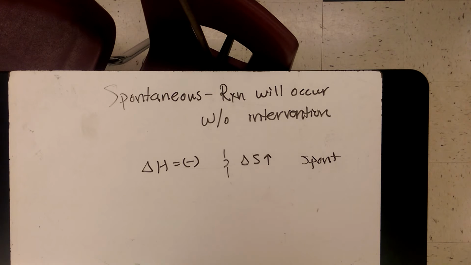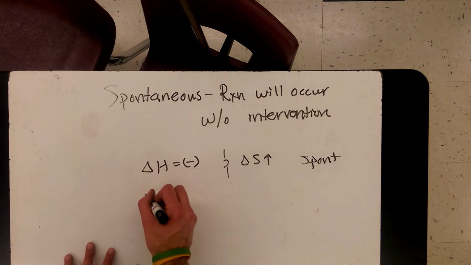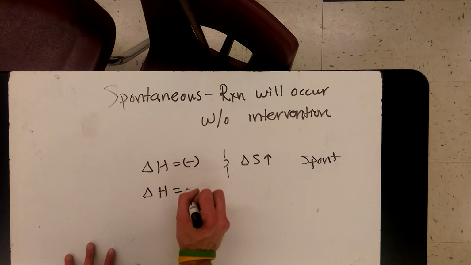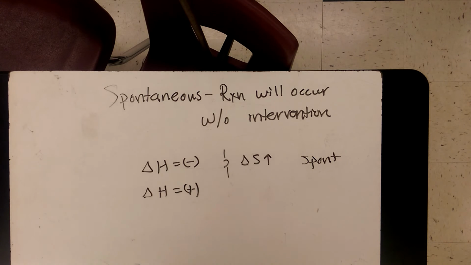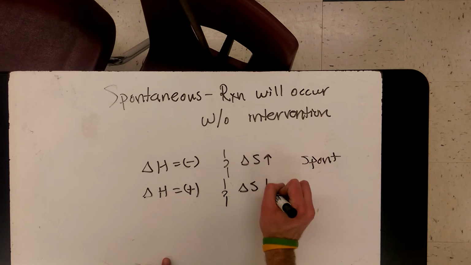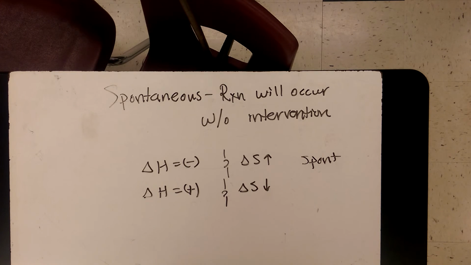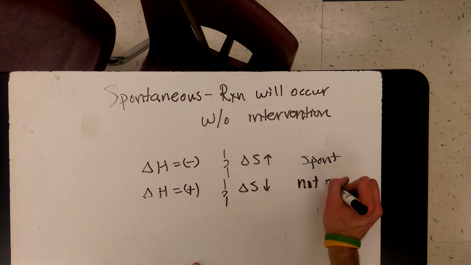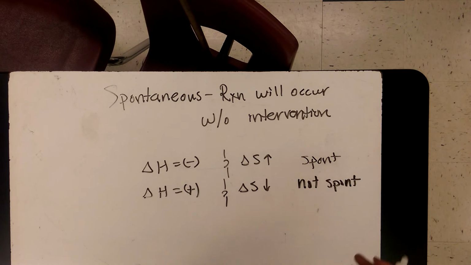Both are normal conditions that apply to most everyday life situations. On the flip side, if we have to continue to pump energy into a reaction, and your delta S is decreasing, your entropy value is decreasing, in that case it would not be spontaneous. Because we have to pump energy in and it's going opposite of how things tend to work.